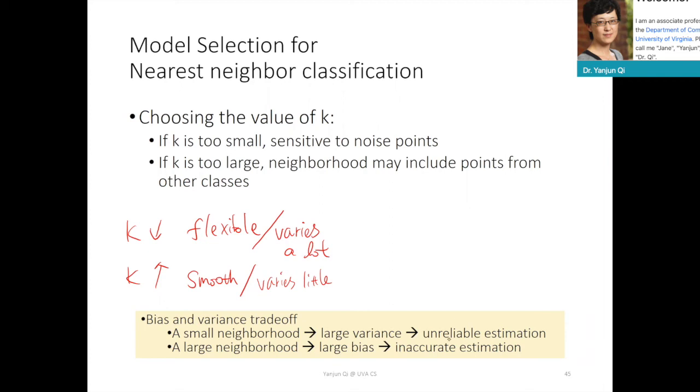Keep that in mind. One is unreliable, one is inaccurate. This is another way to talk about this. One is overfitting, and the other is underfitting. All right, inaccurate, underfitting, unreliable, overfitting.